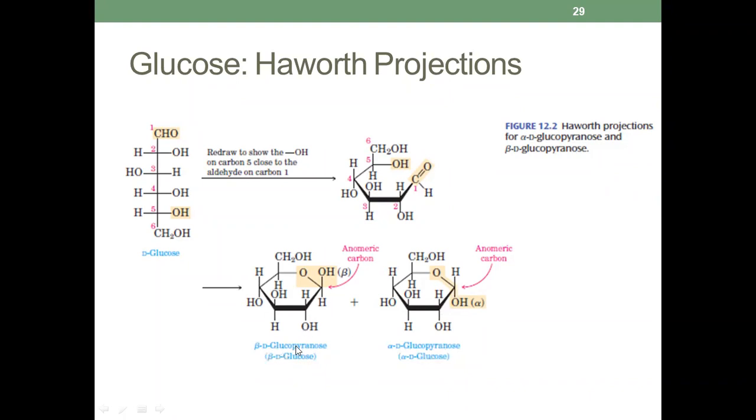For this one, it's a D-glucopyranose, but the OH is up, so it's a beta. The short name for this is beta-D-glucose. The short name for this is alpha-D-glucose. But the name here, since it's a 6-membered ring with an oxygen, is pyranose, glucopyranose. The glucopyranose is still glucose.